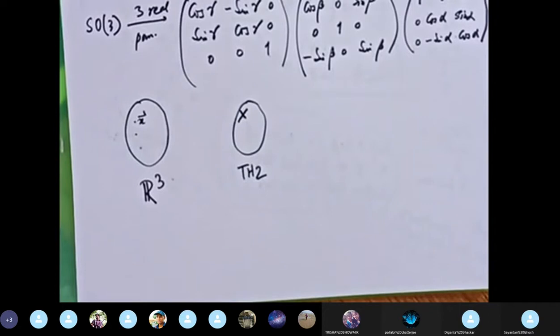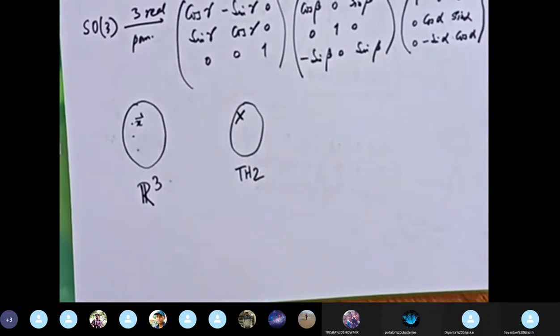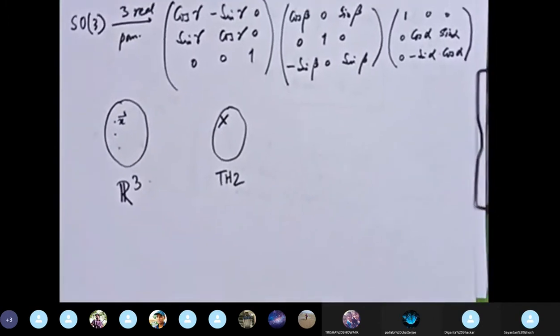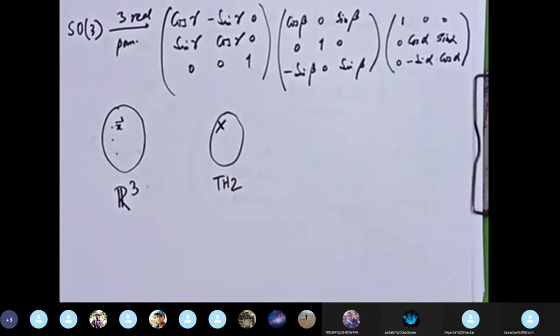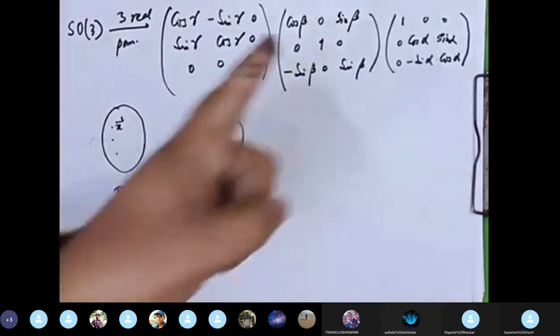Now, what I want to find out is, for a given alpha, beta, gamma, what will be the corresponding U matrix? I want to write the U matrix in terms of the same alpha, beta, gamma.